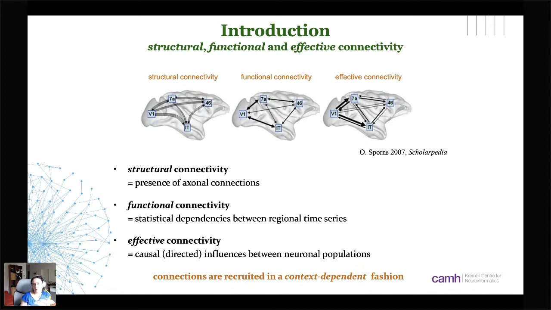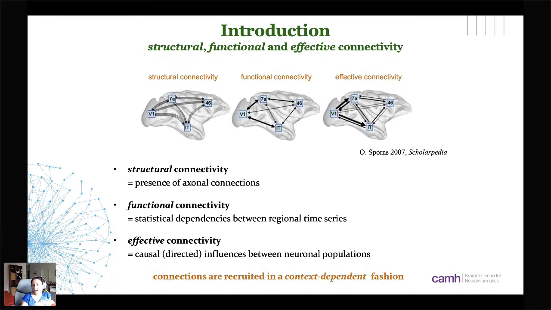Now, very broadly speaking, effective connectivity measures are used to assess functional integration. So how different brain regions communicate with each other to convey a certain cognitive process. And these approaches are based on dynamical systems theory, which means that we care about time delays.